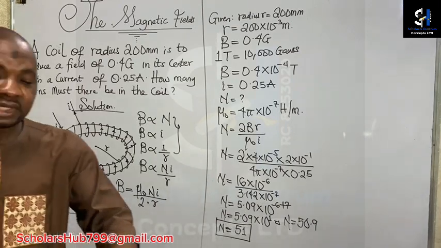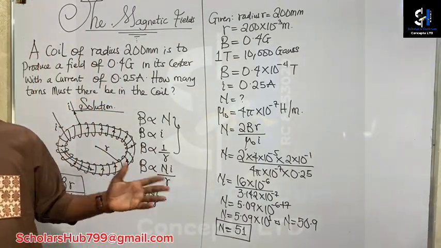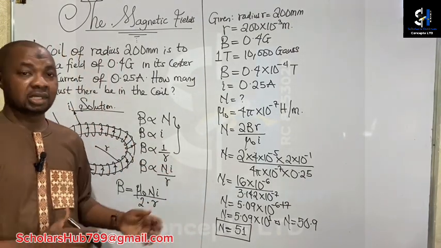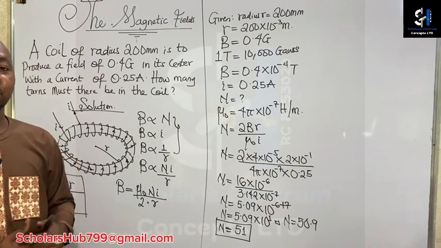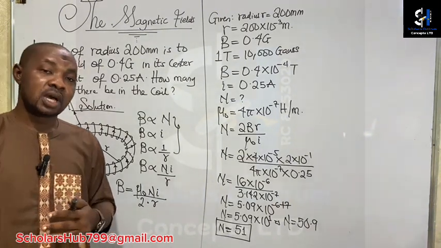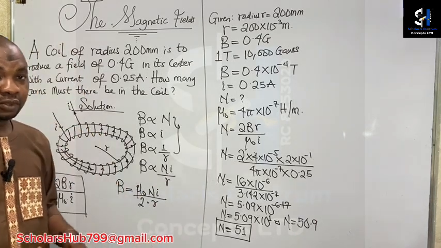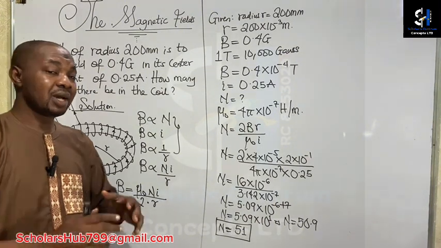Okay, so like I said, we can relate all the rules in electromagnetism. They are all related. We know the goal is to find out the magnitude and direction of the magnetic field in a coil, in a solenoid, in a toroid, and many others.